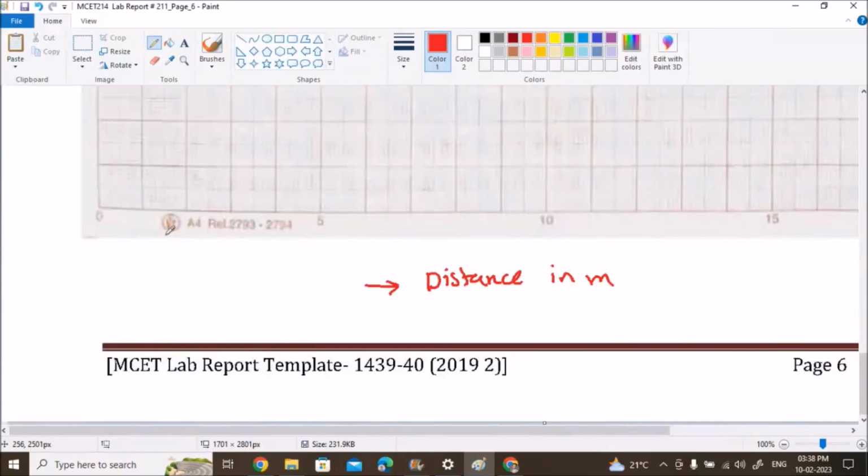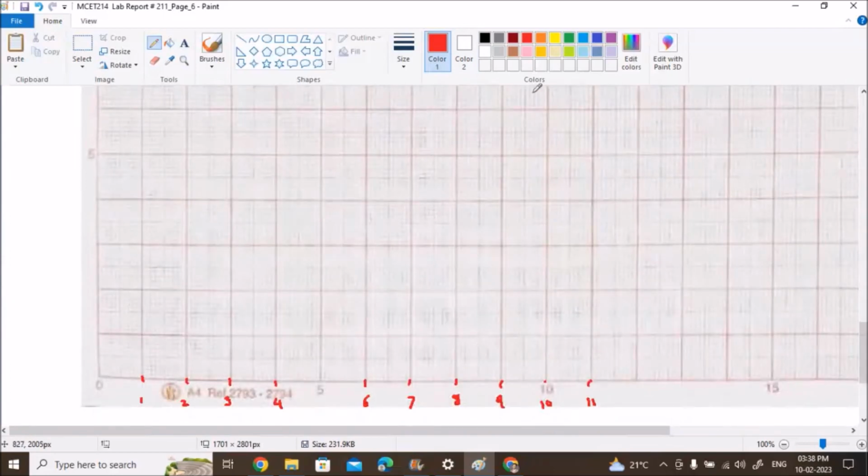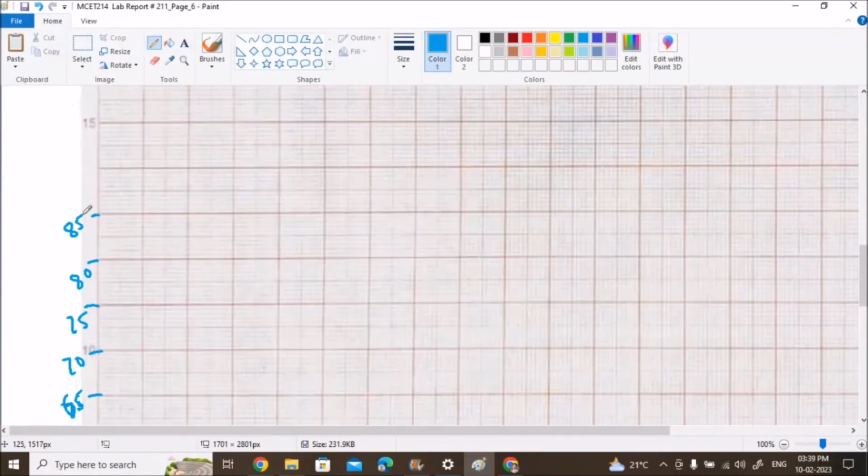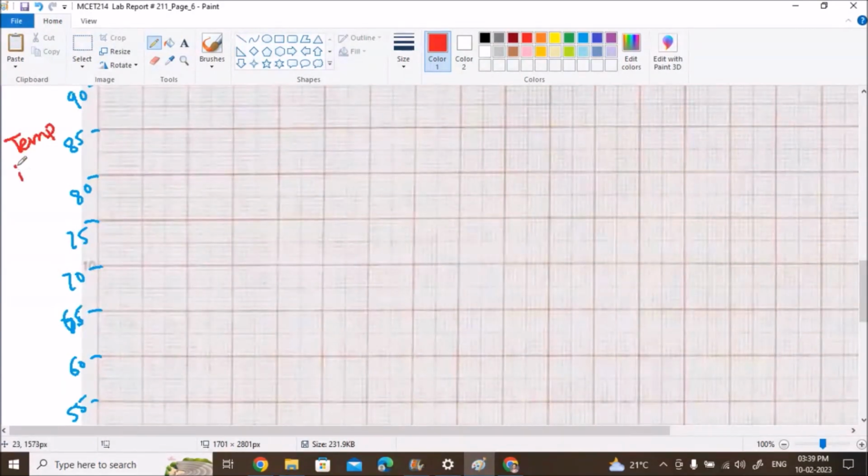So line number 1, 0.01, 2, 3, 4. And here, on the y-axis, we'll start from 20, 25, 30, with temperature in degrees centigrade and an arrow.